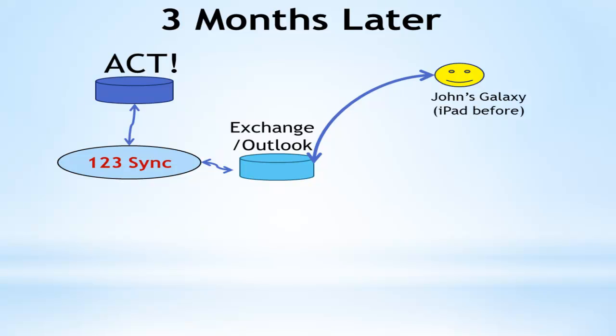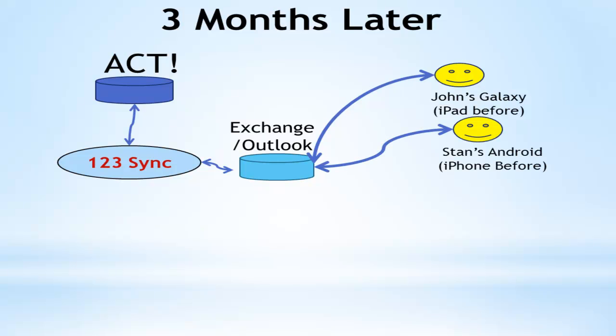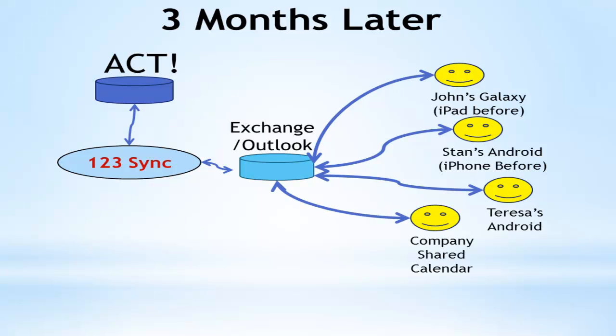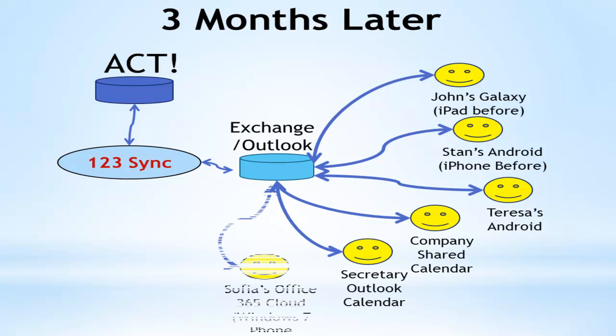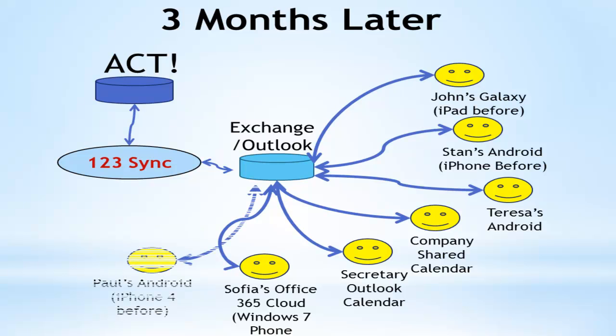Three months later, the world's changed. John used to have an iPad, now he has a Galaxy, and the Galaxy is syncing with Exchange. As well, the Android now is syncing with Exchange instead of having the iPhone. Or another Android has been changed, but the company is still the same. And Sophia has decided to go with the 365 cloud, where she can access her data just through the web browser, as well as having a Windows 7 phone.